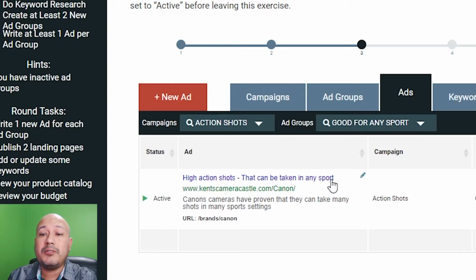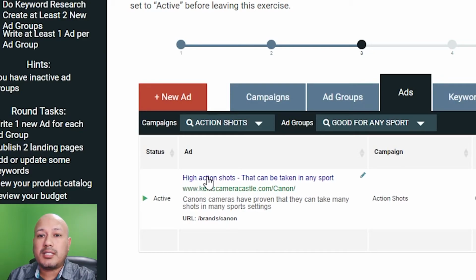If your keyword is not in the header, then an ad that has the keyword in the header is more relevant to the consumer's keyword than an ad that does not have the keyword in the header. Now it's not a necessity, but if it were the case, then that would be better, right?